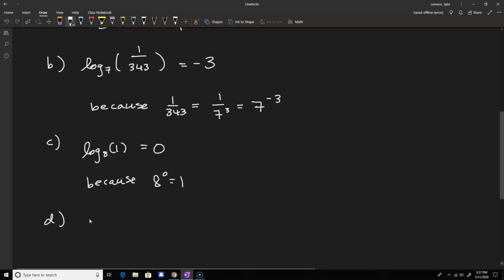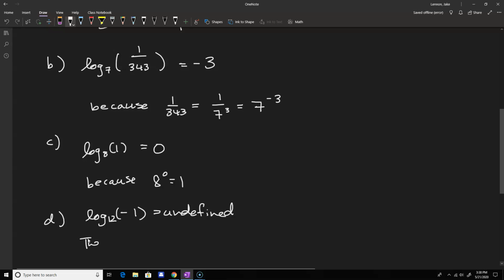Okay, here's one. Let's look at the log base 12 of -1. This one is actually going to be undefined. If you raise 12 to any power, no matter what that power is, it's always going to be a positive value. I don't care if it's a negative, it's positive, anything. So for that reason, any log of 0 or any negative number is not defined. If you look at our exponential functions, they always had a y value that was bigger than 0.